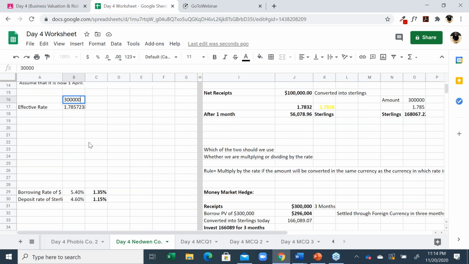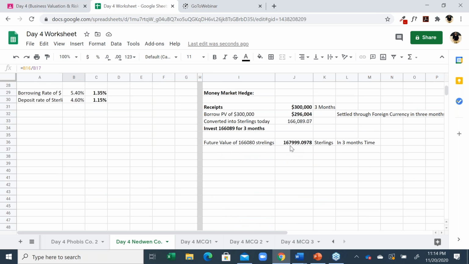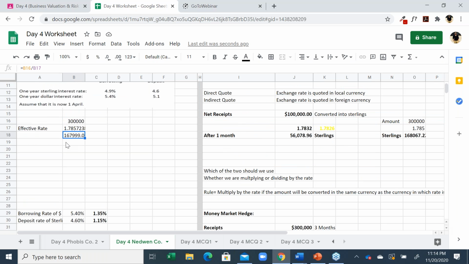Since the rate is in dollars and we are converting it into sterling, we should divide. 167,999 pound sterlings, and look at this magic. In the money market, we got the same amount, 167,999.